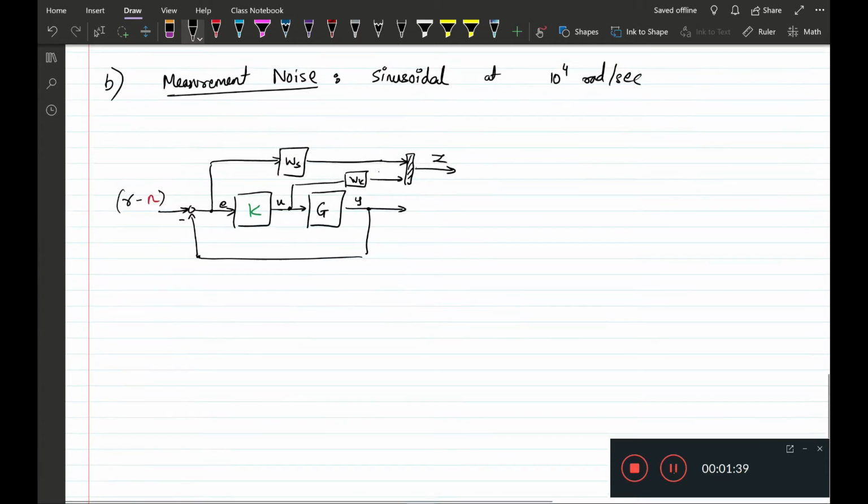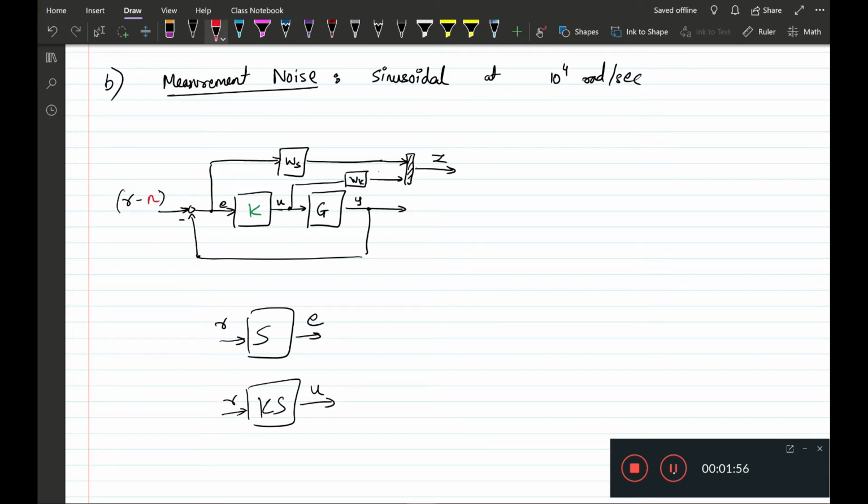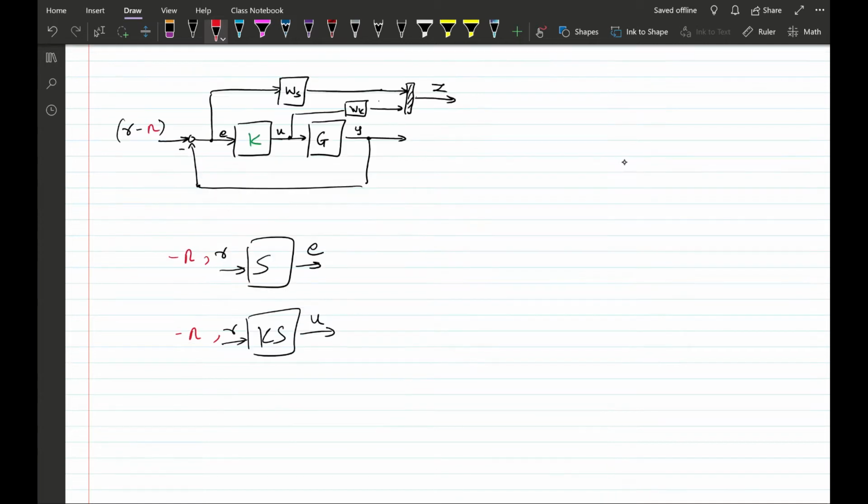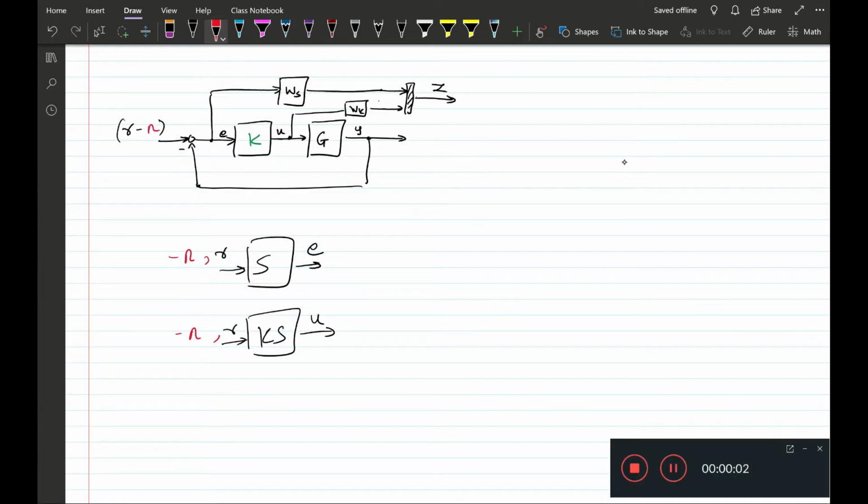So all the transfer functions from N to E would still be the same. We had S as the transfer function from R to E, and Ks as the transfer function from R to U. We would have the same transfer functions from N to E and from N to U, except that we have a negative sign here, which we can just use to define a noise signal N tilde as the negative of the noise.